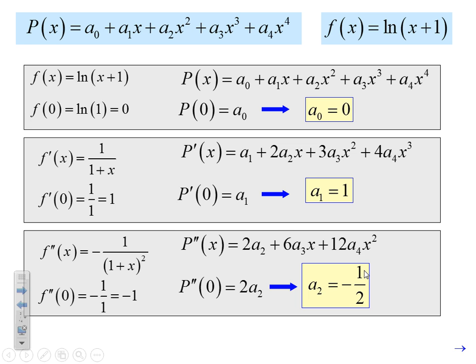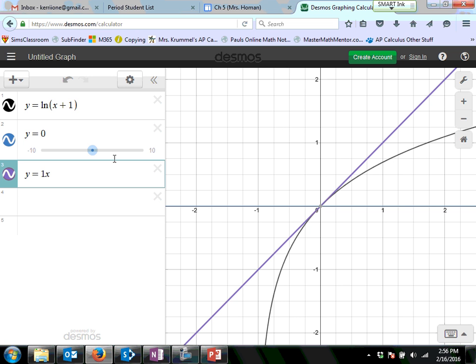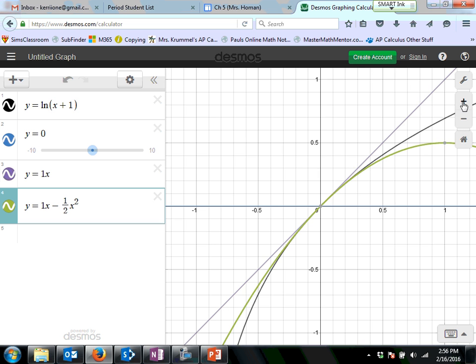Let me go back to Desmos here. Our next function is y equals 1x minus 1/2 x squared. Ooh, look at that. We're getting closer.